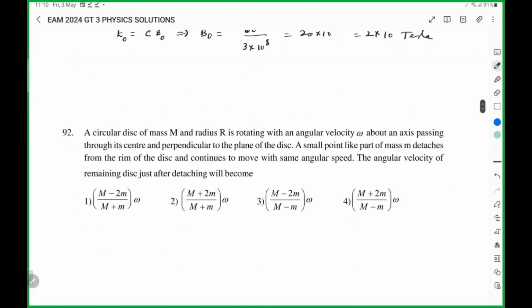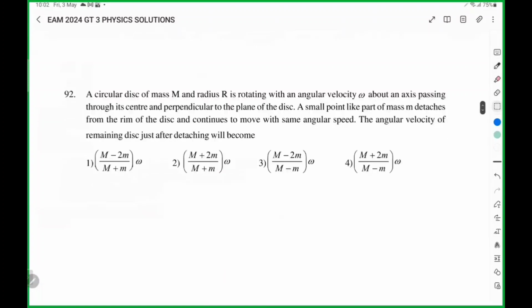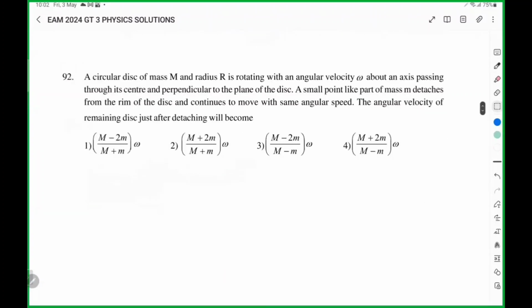Here is a circular disk of mass M and radius R, rotating with an angular velocity omega about an axis passing through its center and perpendicular to the plane of the disk.